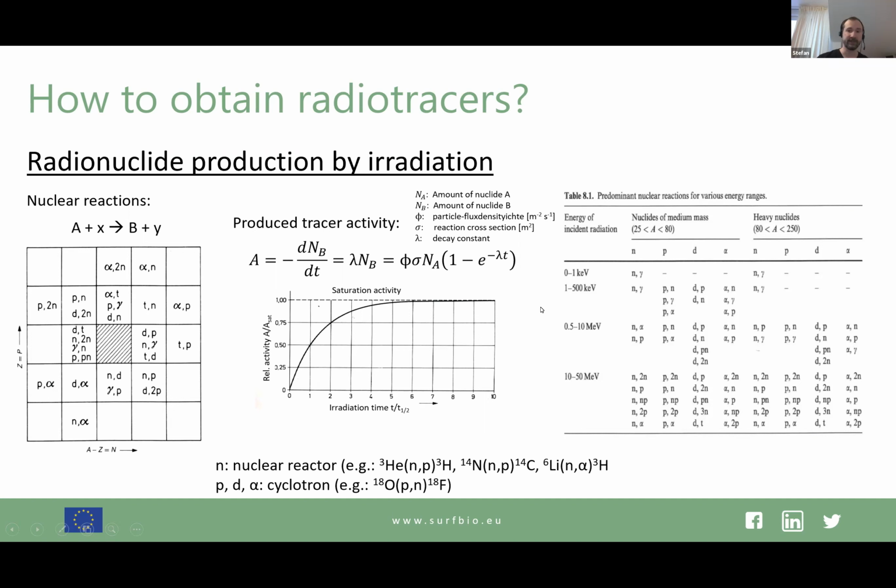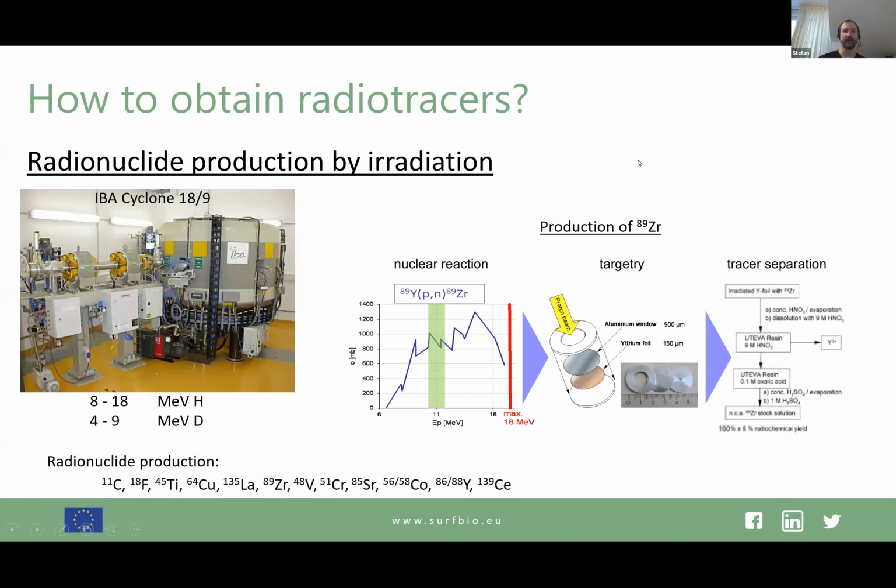Of course, this is now rather theoretical. So I want to basically show you one example of radionuclide production by irradiation that we have established at our cyclotron here at the HZDR. Here you can see our cyclotron.